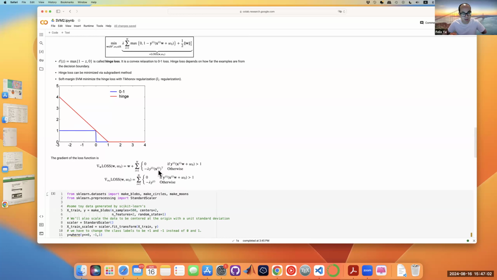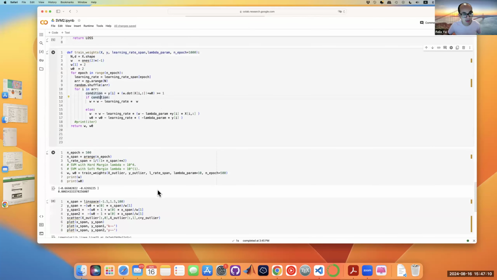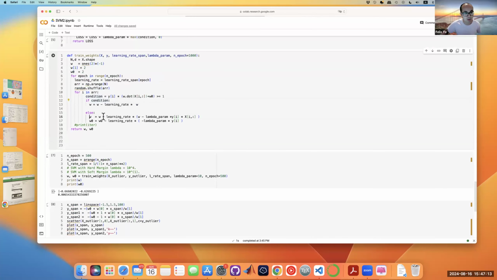The gradient part will be minus lambda yi xi transpose, and the bottom one is minus lambda yi. So in terms of gradient descent, I apply the second one. With this subgradient information, we handle the different conditions: when the condition is satisfied we use one gradient, and when it is not satisfied we use a different gradient. That's how we process this training for the soft margin SVM.